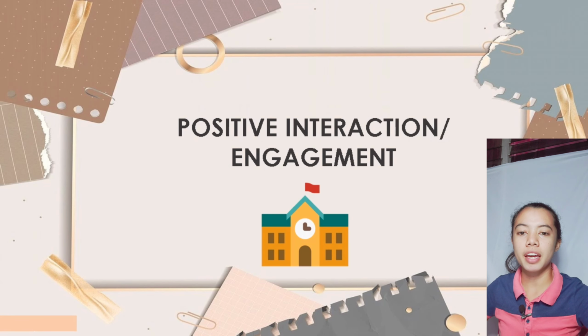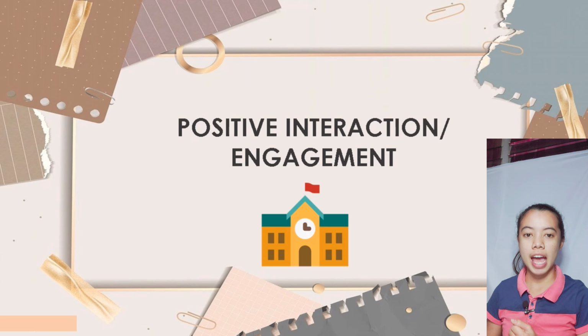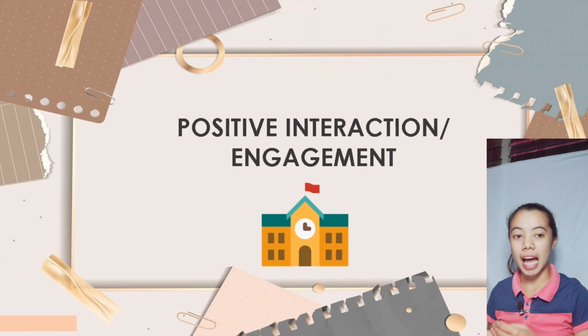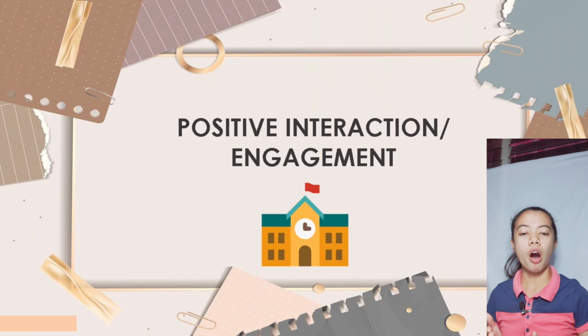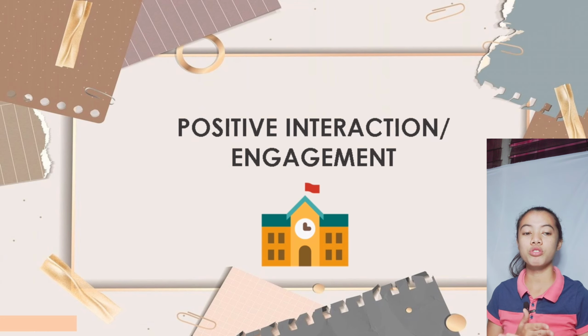Number one here is positive interaction and engagement of staff and students. For me, the first step to having a positive school culture is to have positive engagement among the teachers, the staff, and the students, because this would lead to a cooperative mindset with each other for better growth in a person's cognitive and emotional development, as well as social and language enhancement.